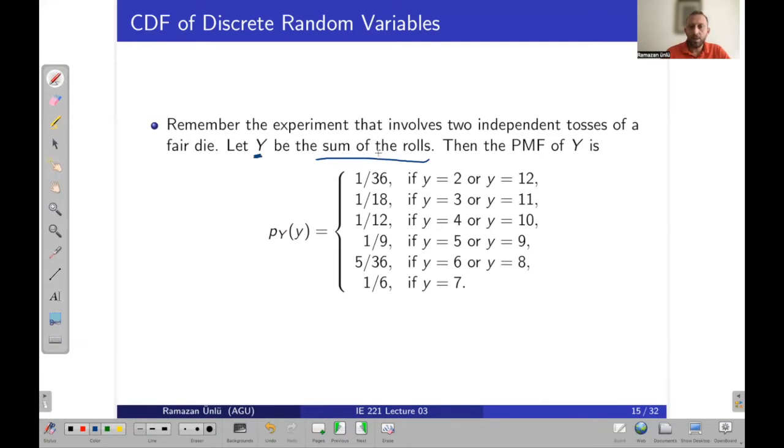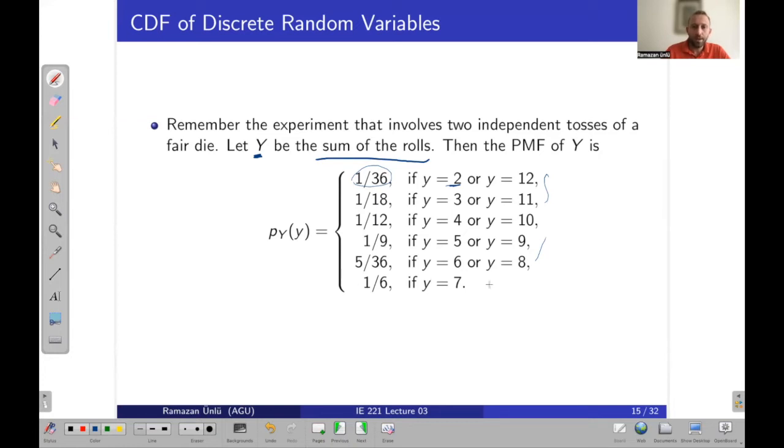Then we calculated the PMF of y as shown here, right? If y is 2, that means the sum of the two rolls is 2, the probability is 1/36. I will not go into the details of this calculation, but you can do it yourself to make it clearer.